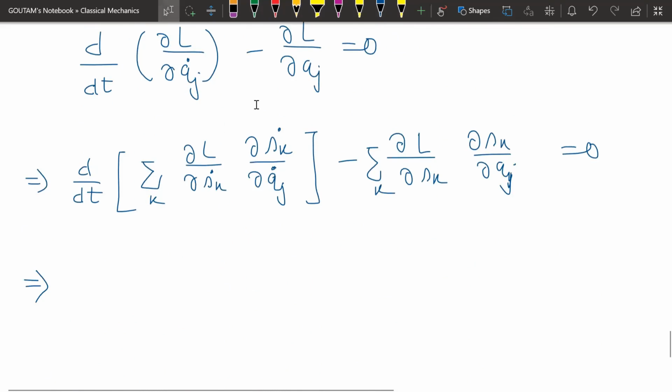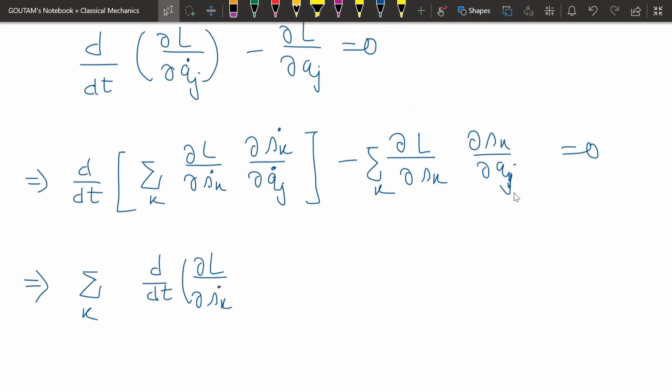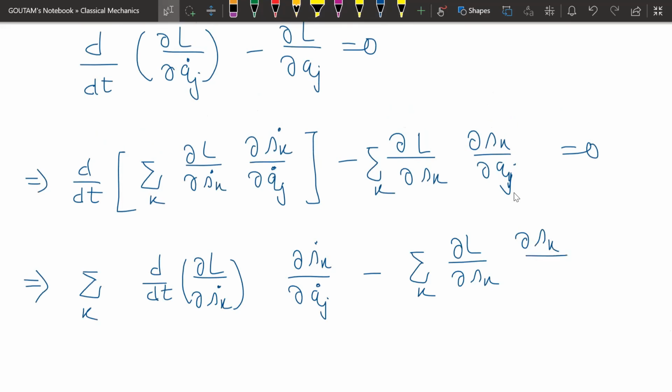So now this term, del sk dot del qj dot, is a constant, it is not dependent on t, and so we can write it like sum over k ddt of del L del sk dot times del sk dot del qj dot minus sum over k del L del sk del sk del qj equals 0.